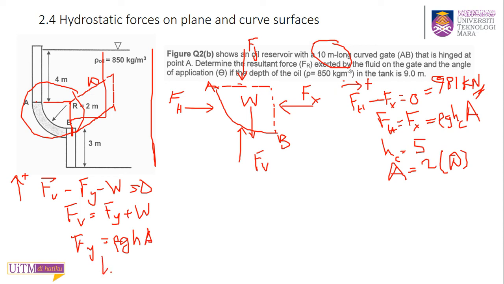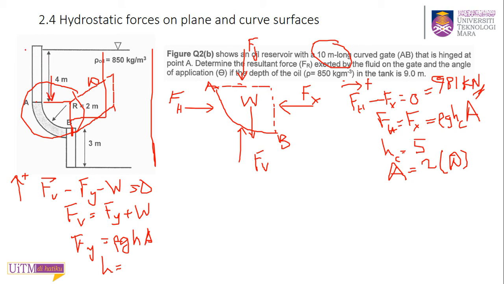So what's the value of H? 9 minus 3? I don't know. So where is your FY? Up here, the depth is 4.